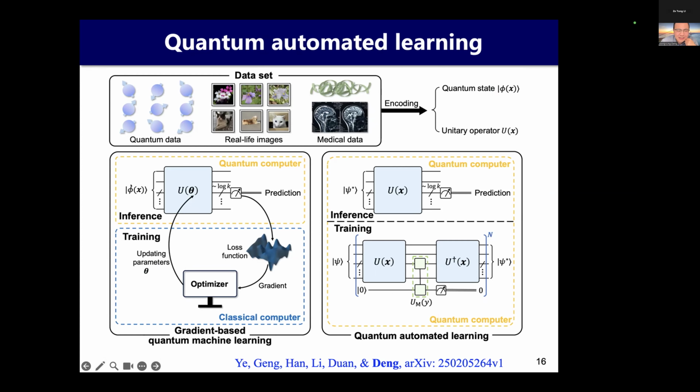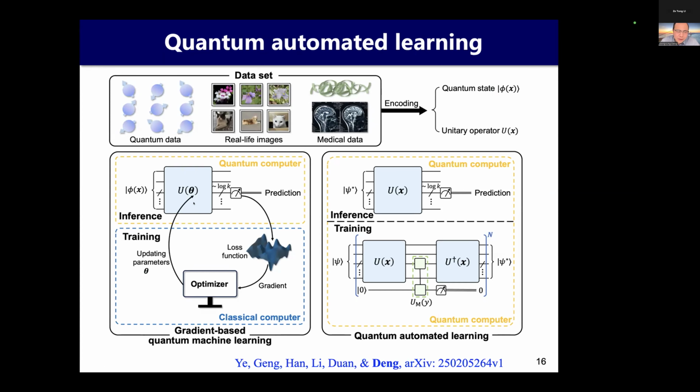And then you evolve this quantum state with a variational quantum circuit denoted by U theta. Here theta denotes collectively all the variational parameters. And then after this, you measure some of the qubits, typically log k qubits, where k is the number of your labels, and then you do the prediction.